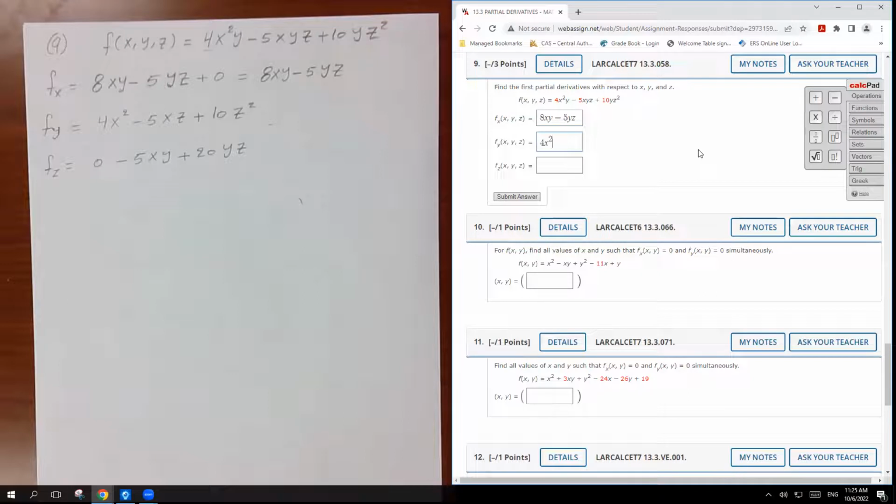minus 5xz and plus 10z squared. And the third one is going to be negative 5xy and plus 20yz.